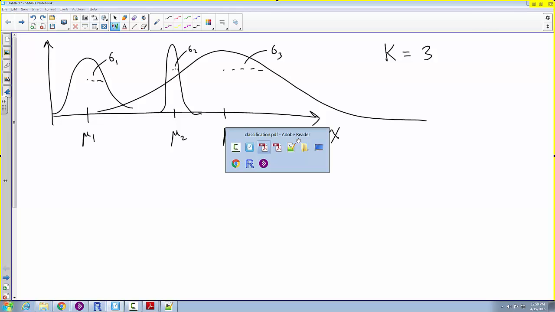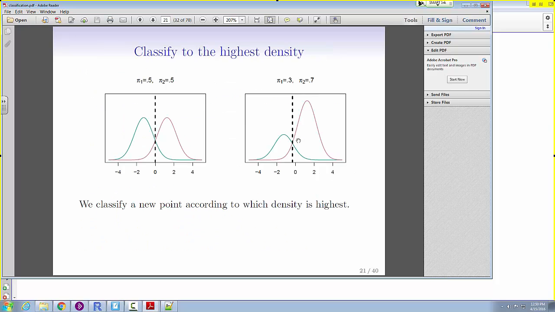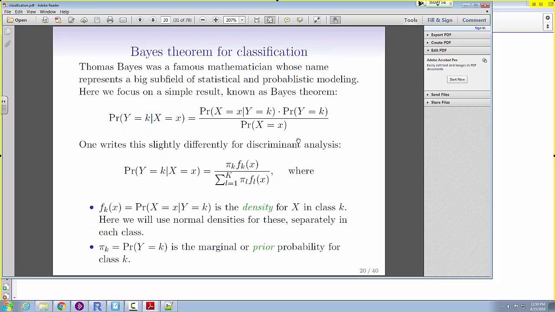So that essentially shows us how we can use Bayes' theorem, because this piece up at the top, this likelihood, is now, we're saying, a normal distribution.